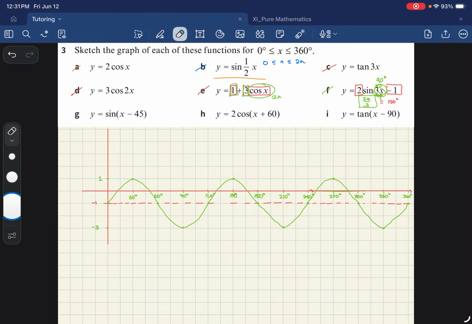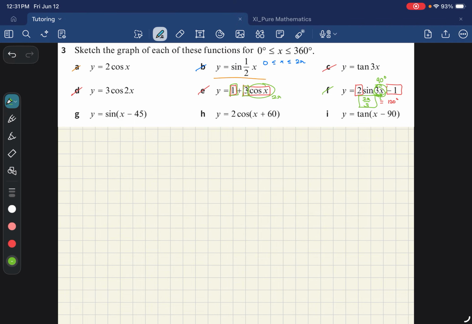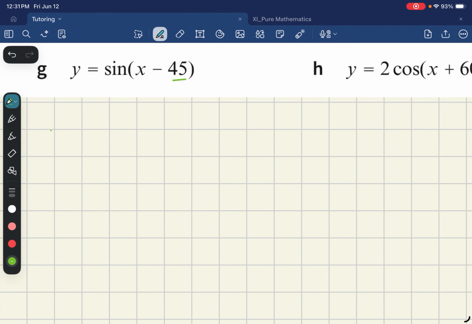All right, so now we're going to deal with translations. So if you have 45, usually it's just good to draw the graph for 45 as well. So let me draw for pi by 4, pi by 2, 3 pi by 4, pi, 5 pi by 4, 3 pi by 2, and 2 pi.